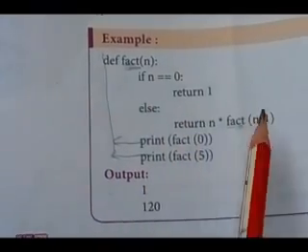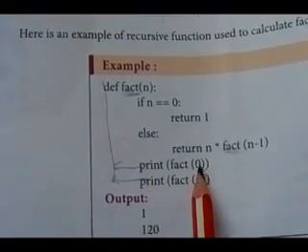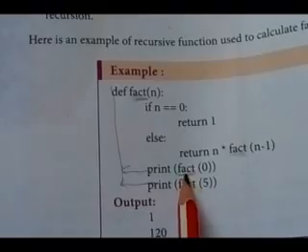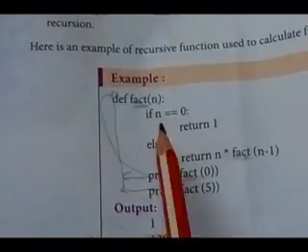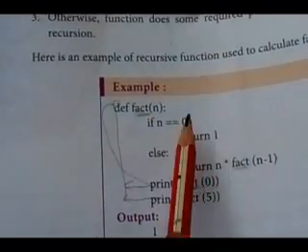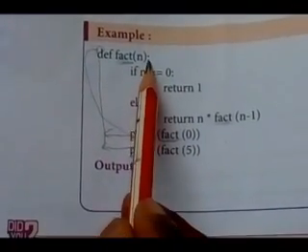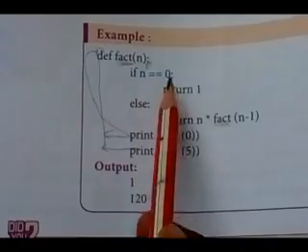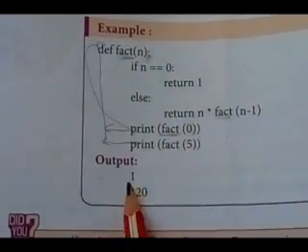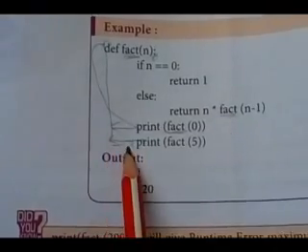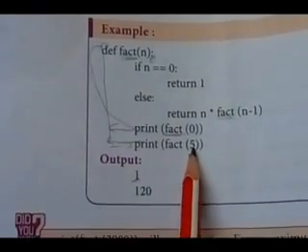How is this function executing? See here, print fact 0. First it will execute this line. Fact is a function, so the call will go here, n value is 0. Do you get it? If n equal to 0, return 1. So the output is 1. Then the next line executes, print fact of 5.